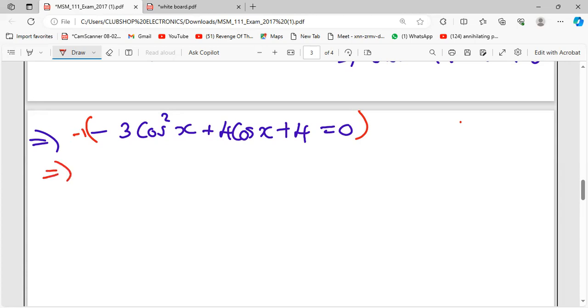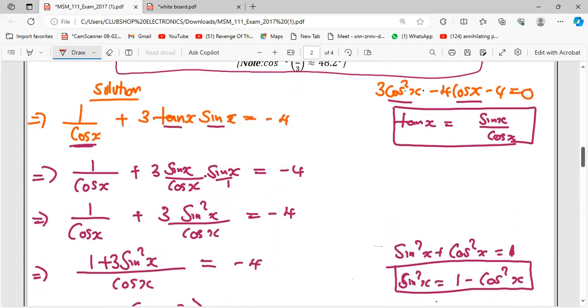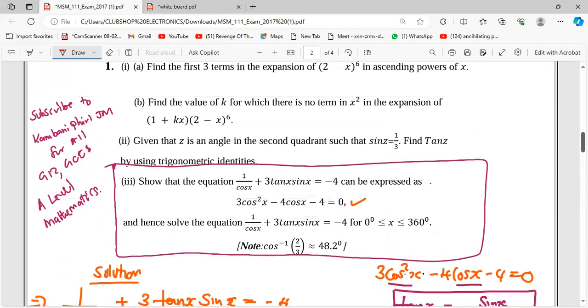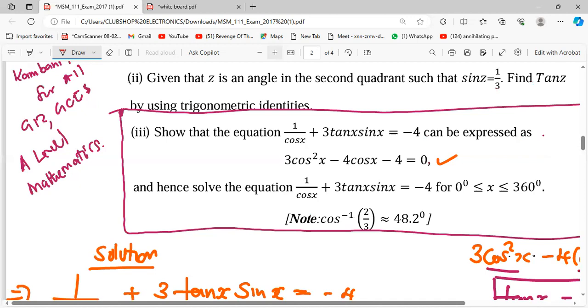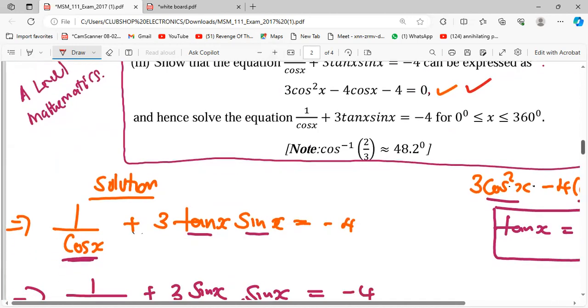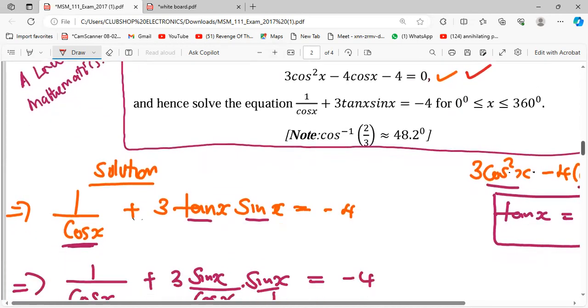All right, so this becomes 3 cos squared x minus 4 cos x minus 4, and the answer is equal to 0, which is exactly what they wanted in the expression. Okay, hence expressed. Then now we must solve.